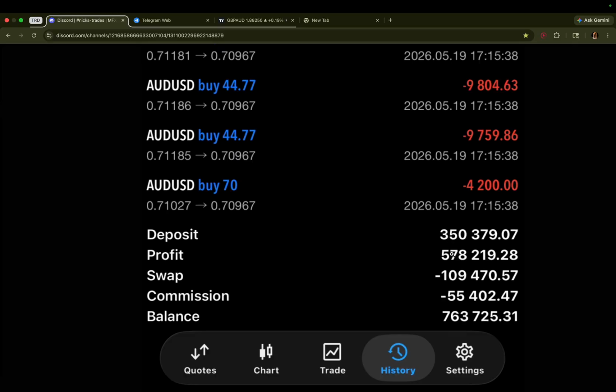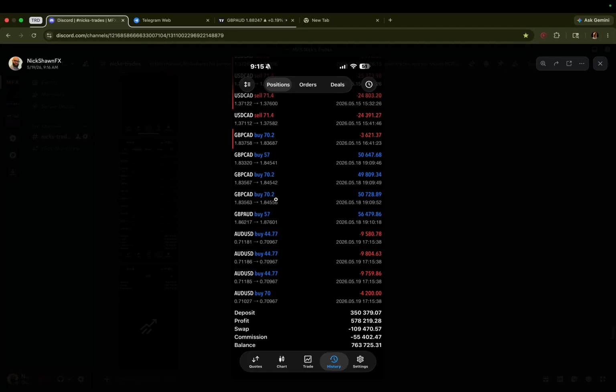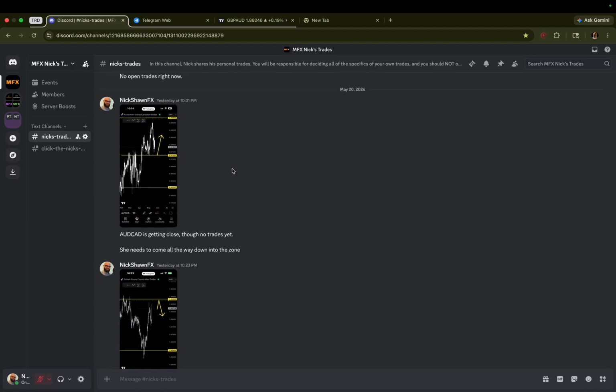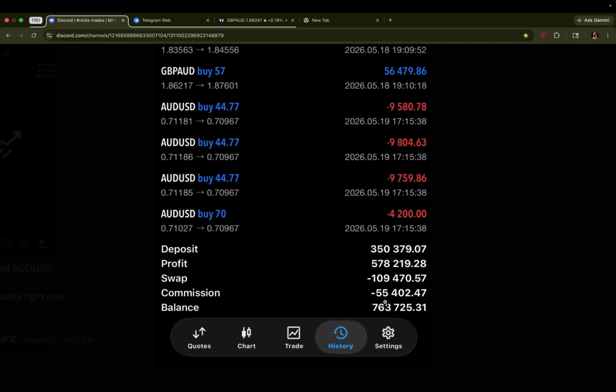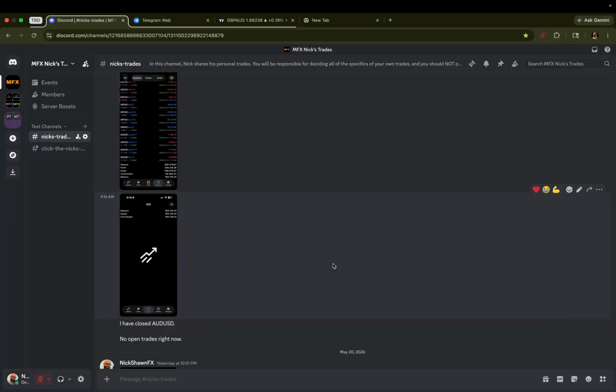I made $578,000 in profit. Again, every single trade, every single detail is all here in the trade history in my Discord server. Every single trade was called live, and effectively after fees and commissions, I've grown it from $350K to $760K. So it's more than doubled the account in about 7 months.